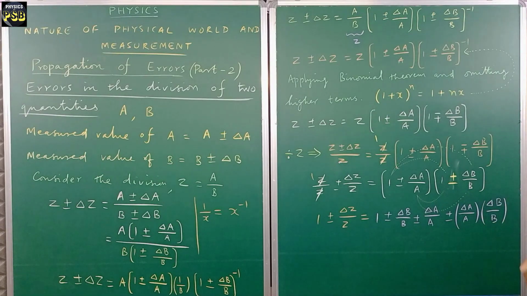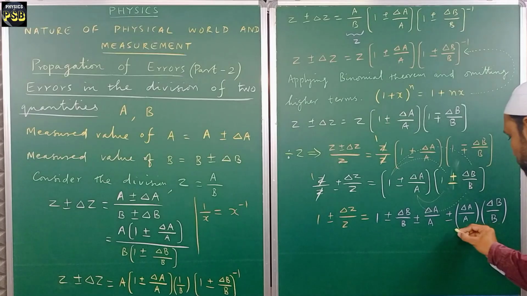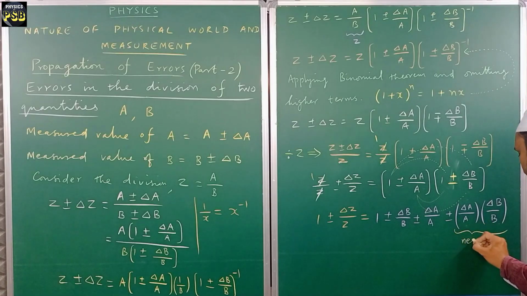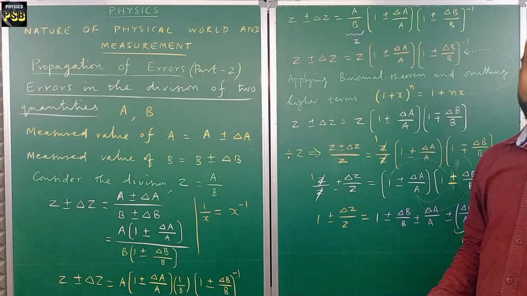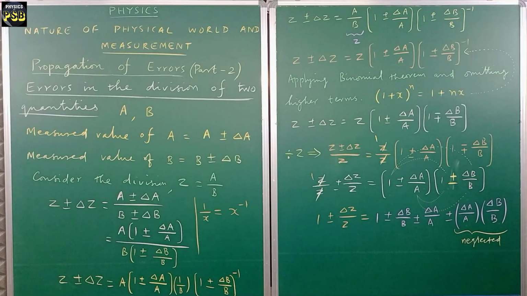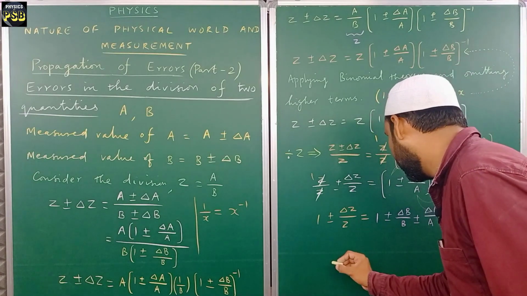Now here, delta A upon A is the fractional error involved in the measurement of quantity A, and delta B upon B is the fractional error or relative error involved in the measurement of quantity B. Here both are small quantities, so it is almost neglected. Adding or subtracting this very small quantity to the remaining part is not going to make any big difference, so it is neglected here.